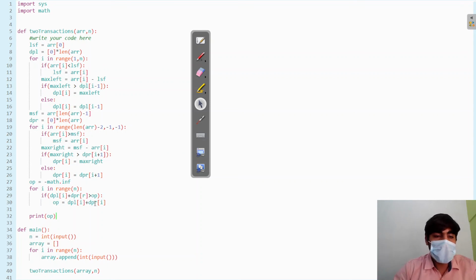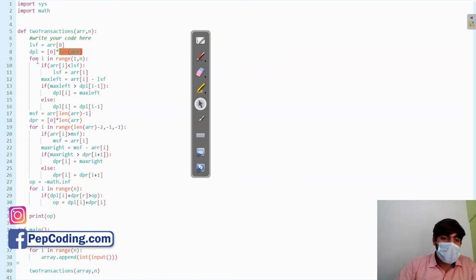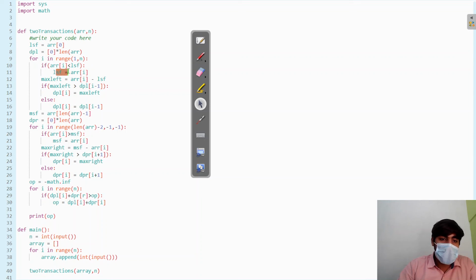So I am explaining it again. Firstly, I take least so far, initially assigning the first value 30. Then I create a DP for left, whose length equals the length of ARR. Then I start iterating, then find the least so far. If today price is less than least so far, then least so far becomes today price.